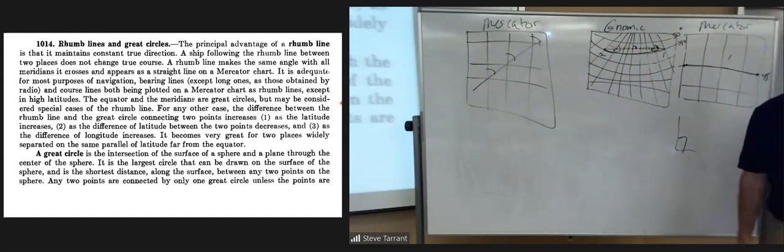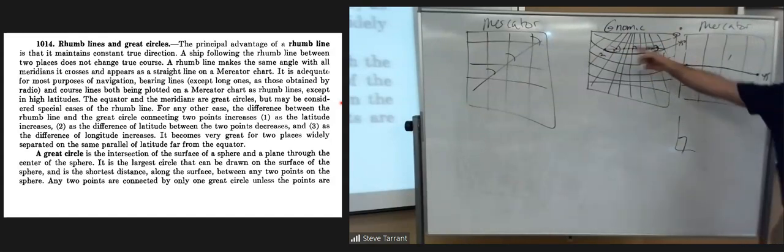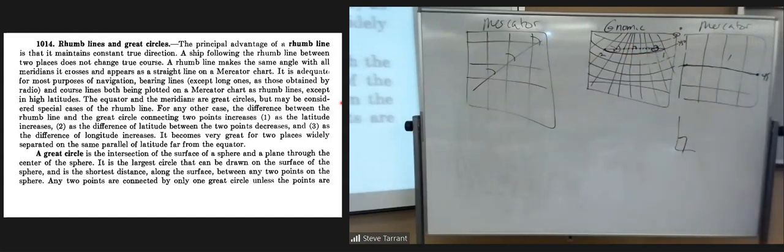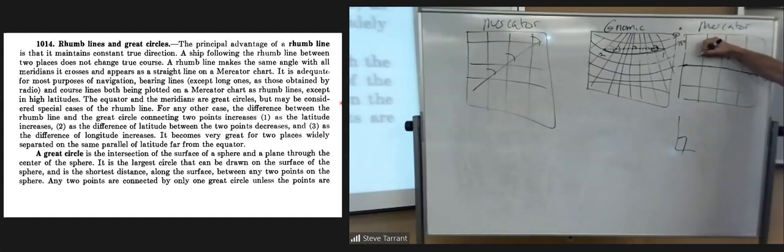When we make a great circle voyage, we're going to pick points along the way. And then what are we going to do with those points? We're going to pluck the latitude and longitude out of that, and plot them on a Mercator.